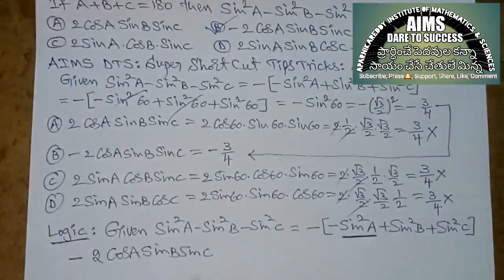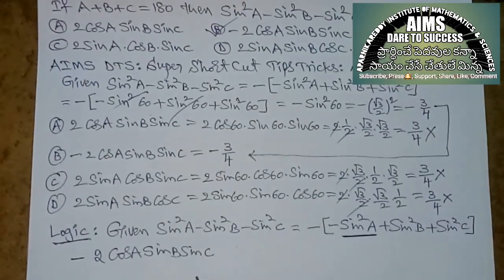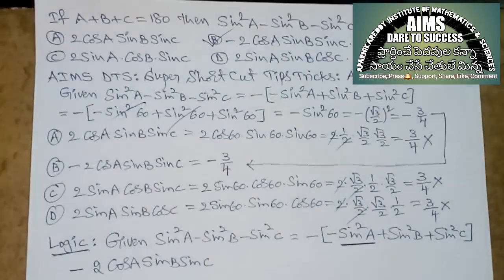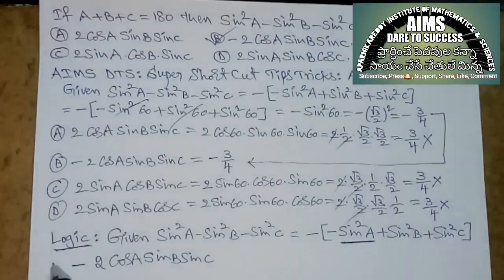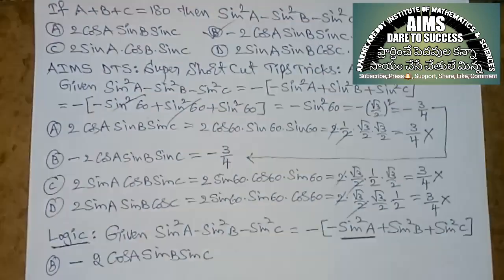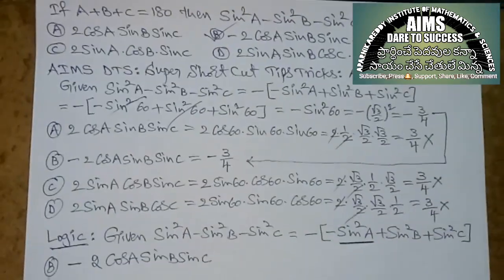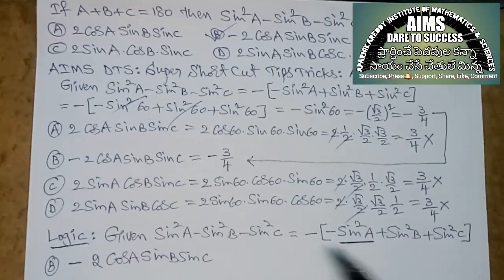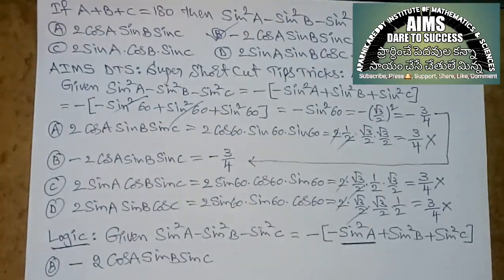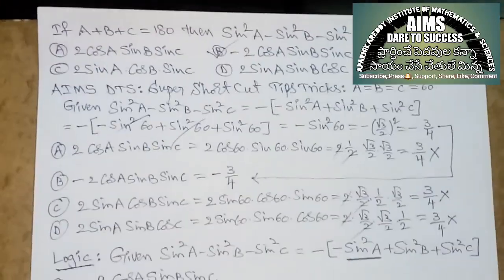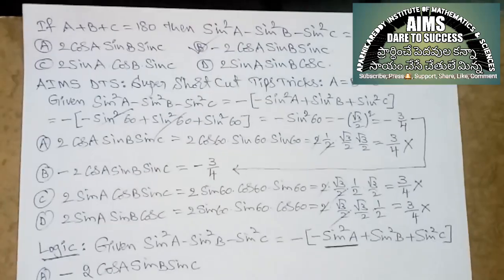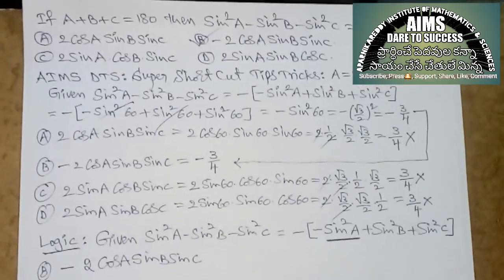So which option satisfies this among the four options? Option B is satisfying. You can go through the option verification method or my logic method, which is very easy to get the answer in short time.